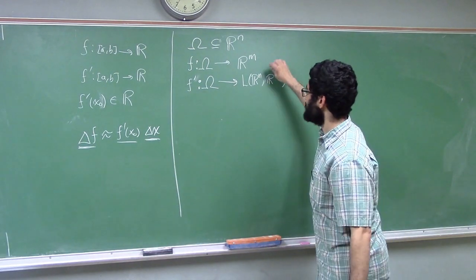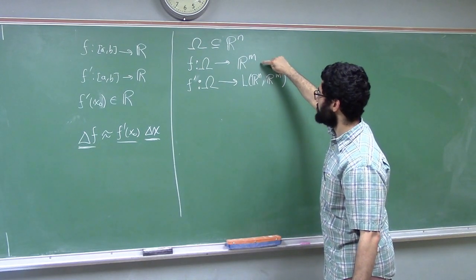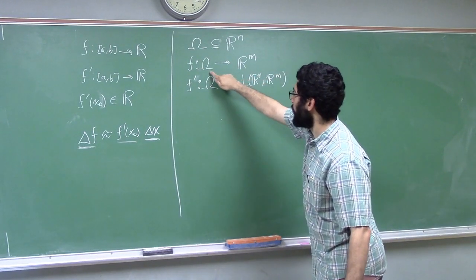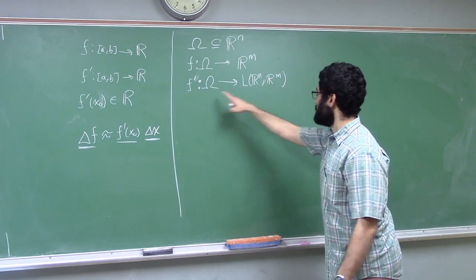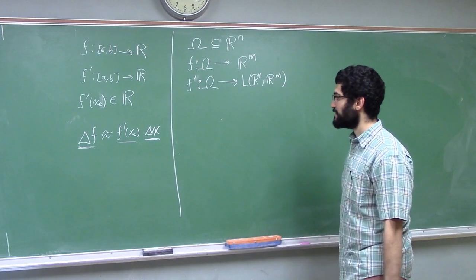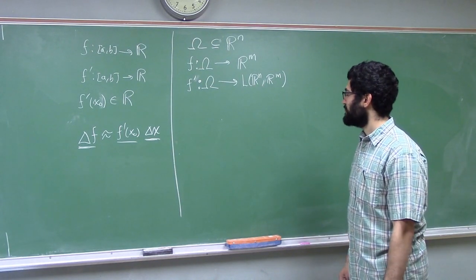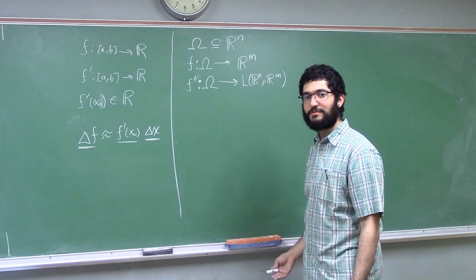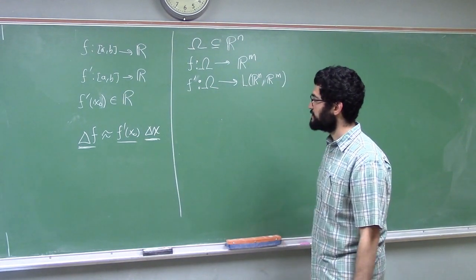But here, something is really different. Taking a derivative of a function mapping omega to Rm gives you something that seems to have a totally different type signature. And hopefully you're starting to see what will be really different when we study derivatives of these kinds of functions.